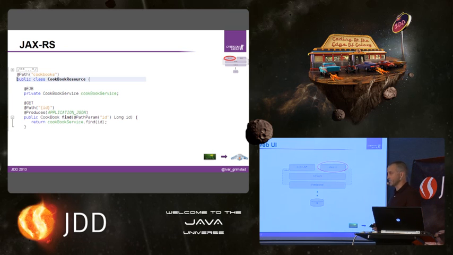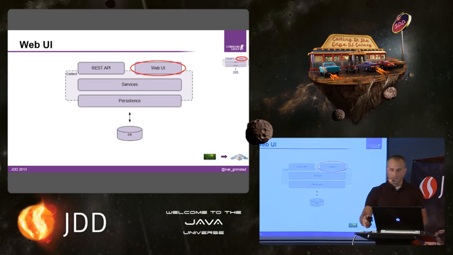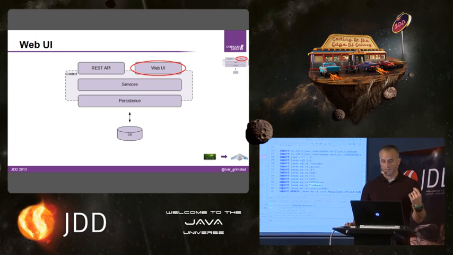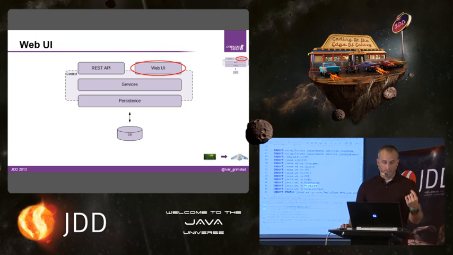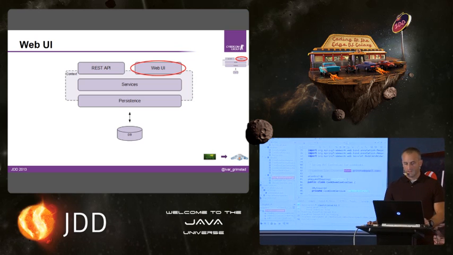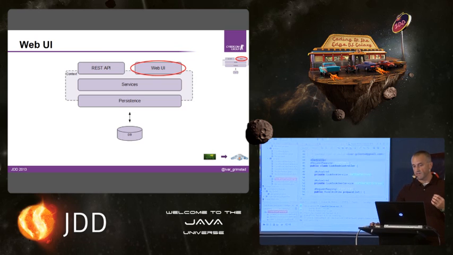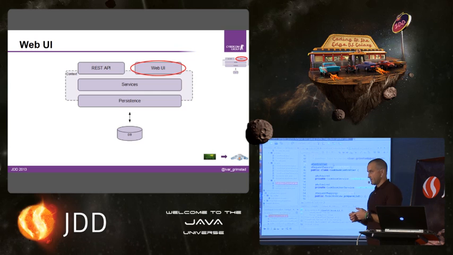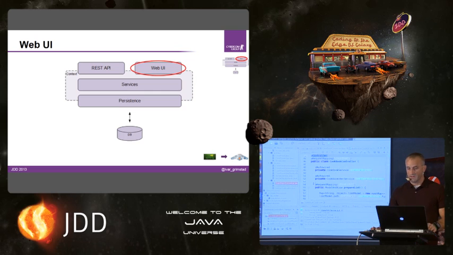Let's move on to the web UI. And here I've chosen to switch technologies from Spring to the Java EE counterpart. In Spring MVC, I'm using also a controller class exactly as I did for the REST API. Only here I have RequestMapping for my list.html file, which is translated to the JSP files.